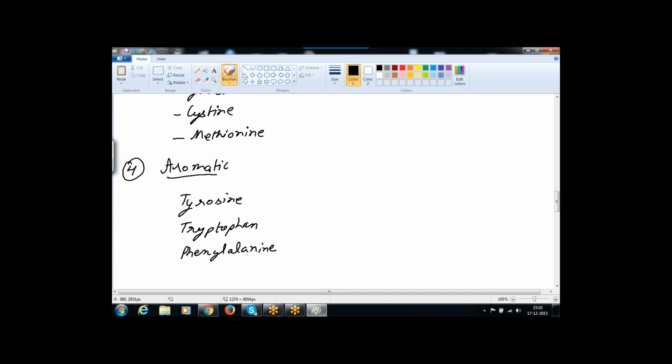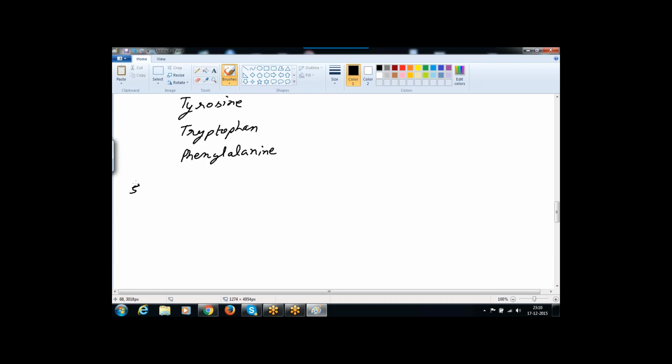Then there are two amino acids which are non-protein forming. We have 20 amino acids which take part in protein formation, but there are two amino acids which are non-protein forming. That means they don't take part in protein formation.